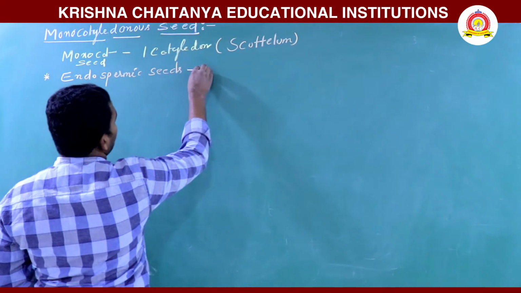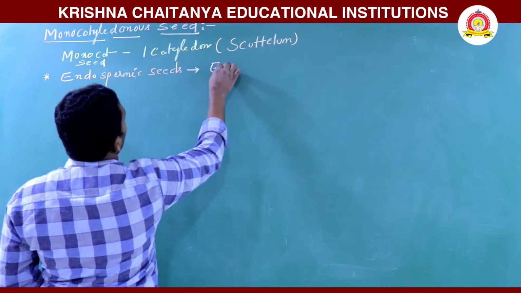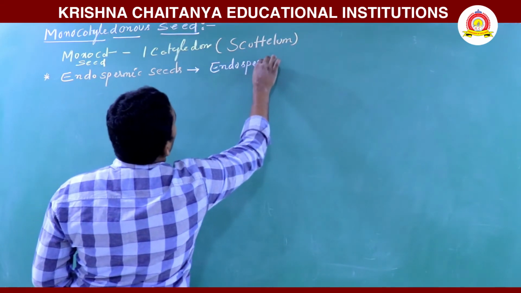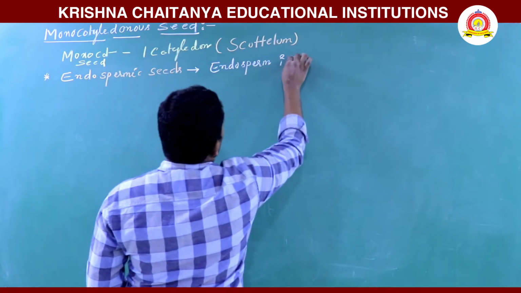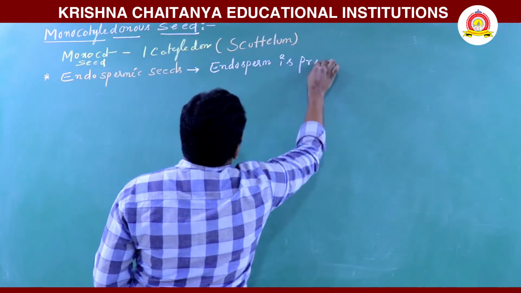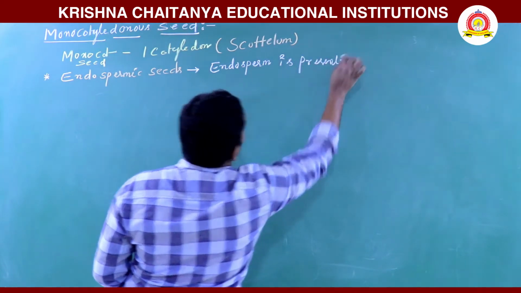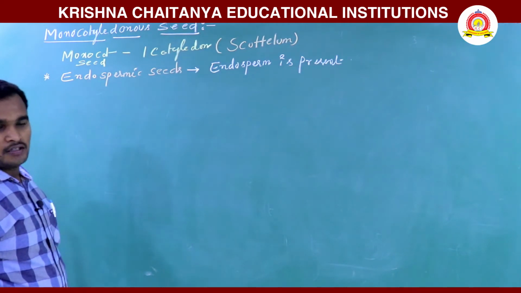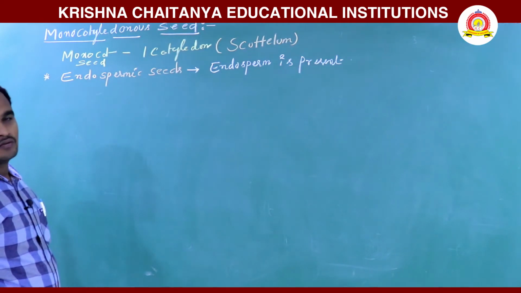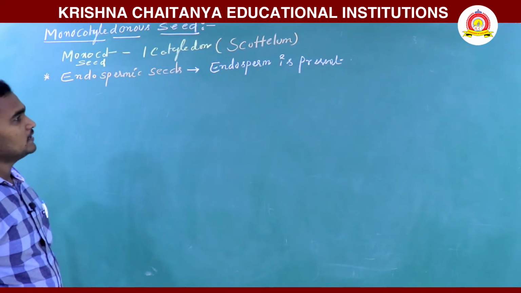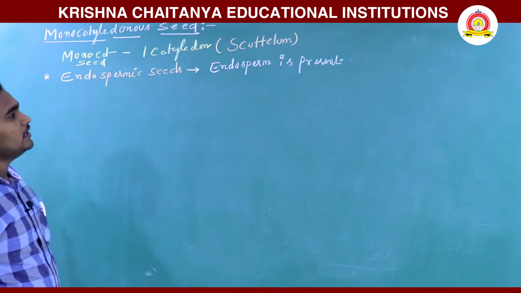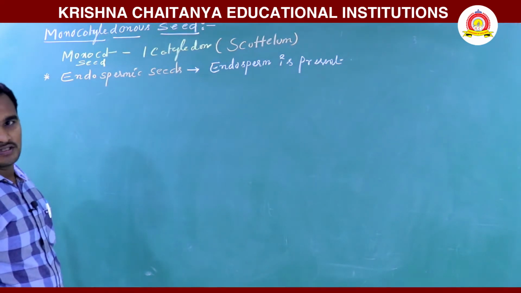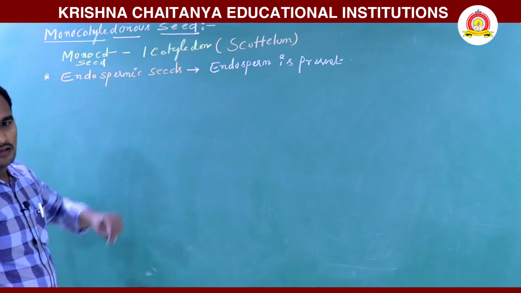Endospermic seeds means endosperm is present. It is not utilized during seed development. When the embryo is developed, at that time the endosperm is not utilized, it is present in the seed. That's why it is called an endospermic seed.